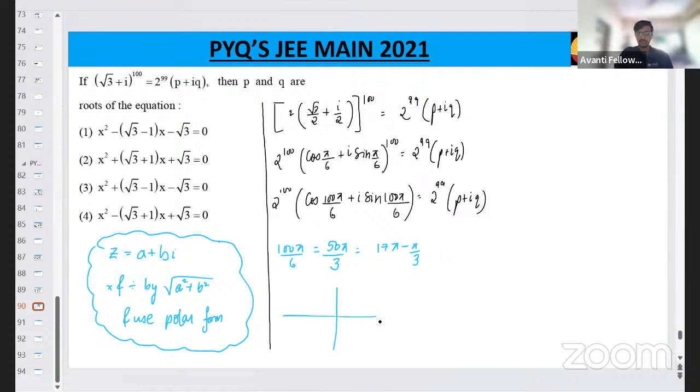Where does 17 pi come? This is 0, this is pi, so it will come here, right? Odd multiples of pi. So our 17 pi will come here, and it is minus pi by 3. So the argument will be in the second quadrant. In the second quadrant, cos will be negative and sine will be positive.